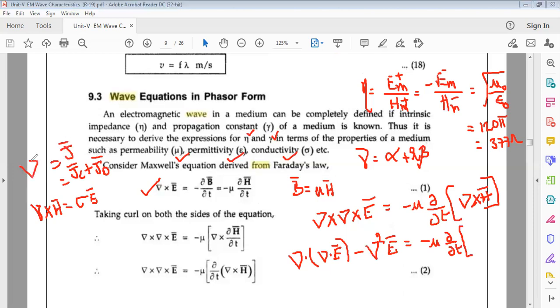The modified Ampere's circuit law says del cross H bar is equal to the conduction current density JC bar plus the displacement current density JD bar. JC is equal to sigma into E bar, and JD bar is dou by dou t of D bar. If it is in terms of E bar only, it is sigma into E bar plus, from the relation we know, D bar is equal to epsilon into E bar.